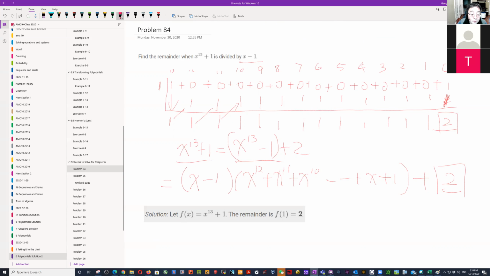So, find the remainder. This is one of the practice problems on the back of the book. Find the remainder of x to the 13th plus 1 divided by x minus 1. So basically the typical way is that f(1) equals 2.